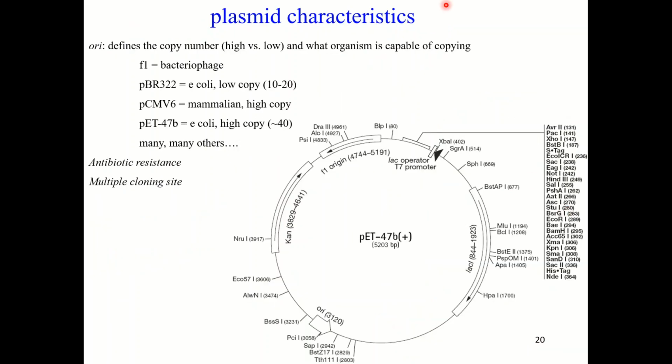Here is a plasmid, PET47B. This is one that I've used in the lab, and if you look one of these up online, a vector map would look something like this, and they have restriction sites listed throughout it. What you'll notice is there are some restriction sites all over, but they're really concentrated in this region.